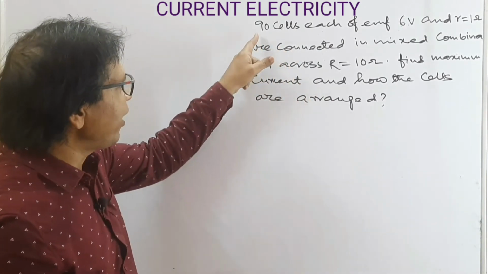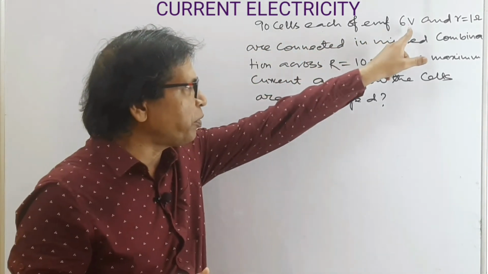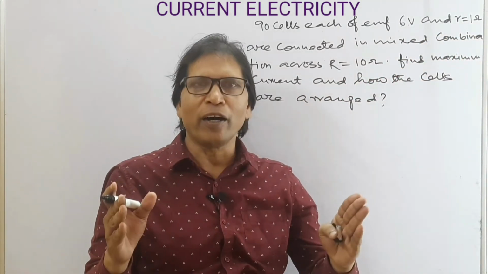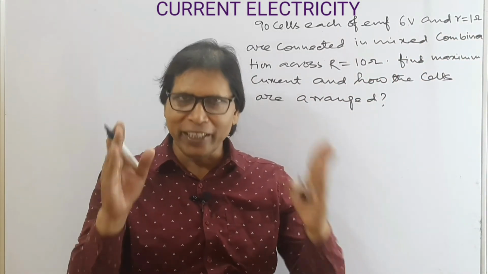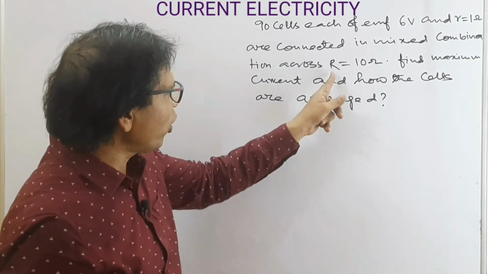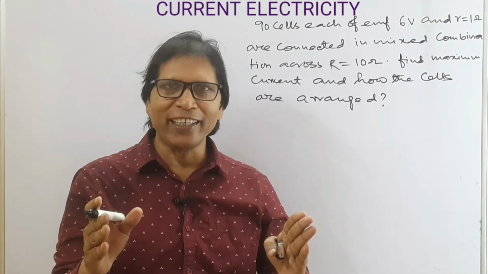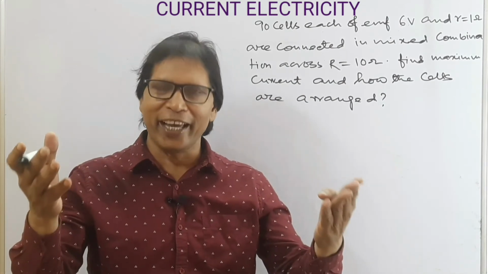90 cells, each of EMF 6 volt and internal resistance 1 ohm, are connected in mixed combination across a resistance of 10 ohm. Find the maximum current and how the cells are arranged.